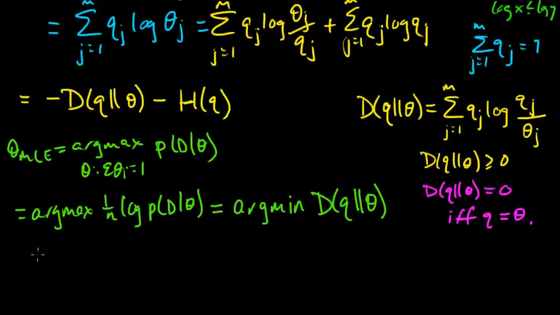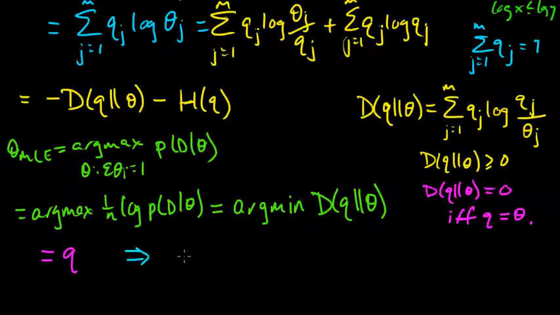So that means that this argmin equals q. That's it. Equals q. And so that means we have our result.